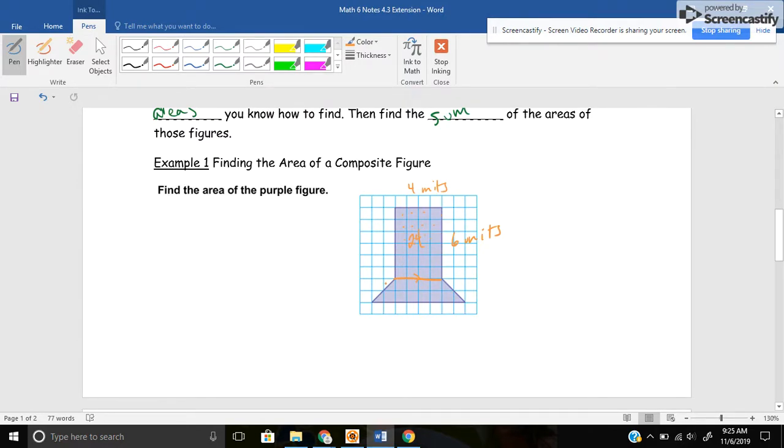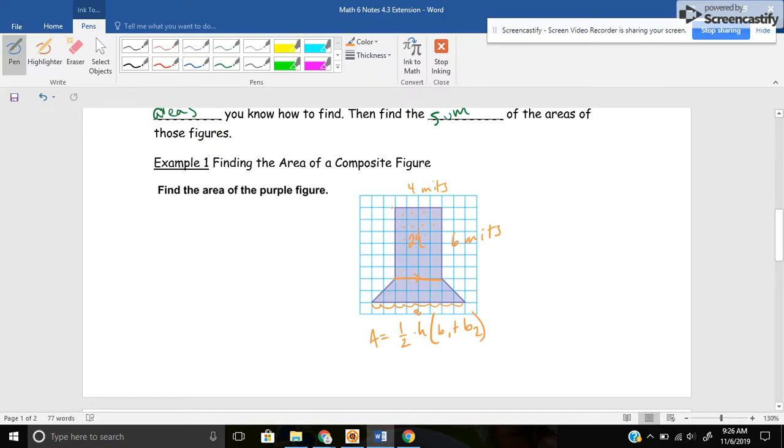And then for my trapezoid on bottom, you got to remember that that area formula is a little bit trickier. It's a half times the height times the bases added together. Okay, so if I look at my two bases, I've got 1, 2, 3, 4, 5, 6, 7, 8 units on the bottom. And on top, well, I already found that up here.